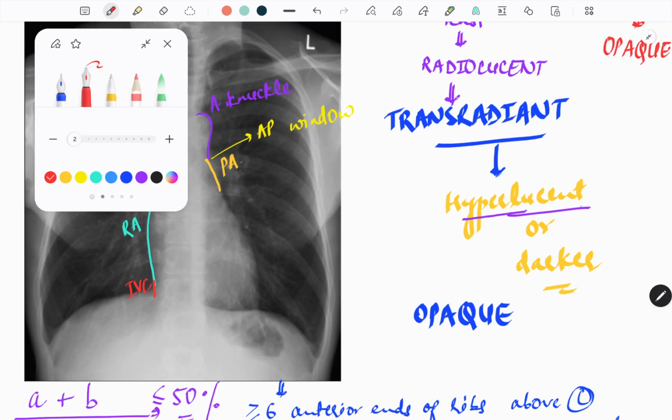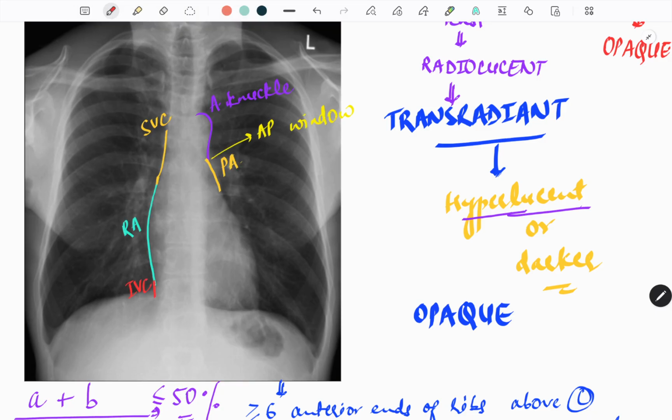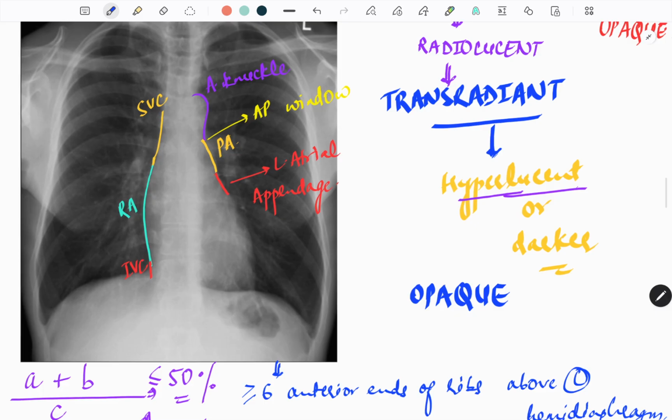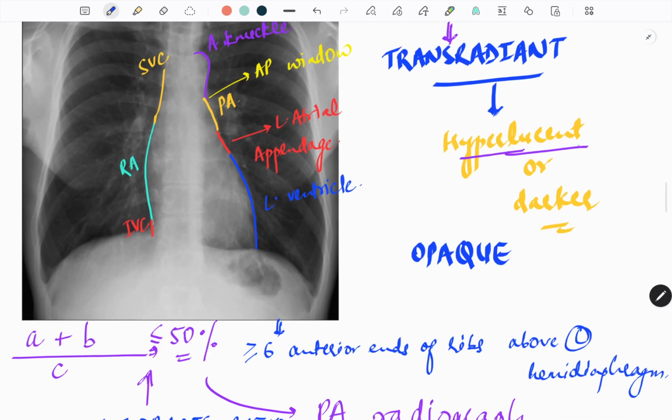Moving downwards, this is the left atrial appendage and the inferior most left cardiac border is formed by the left ventricle.